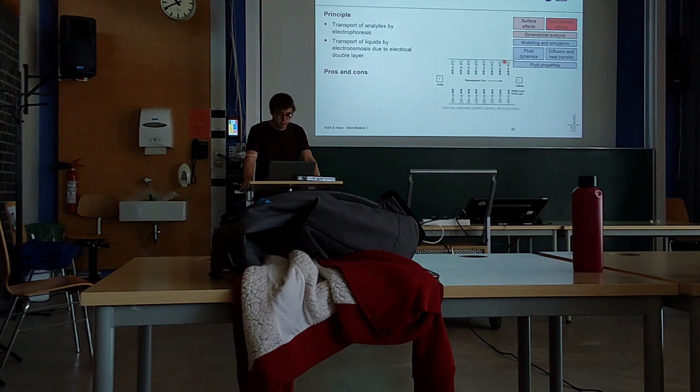So then we have electrokinetics. We had the lecture. There are two different forces that are relevant: electrophoresis, electroosmosis. You probably remember it. Here we talk about the electrical double layer that leads to the electroosmotic flow, and you also have the attraction force from the electrophoresis.